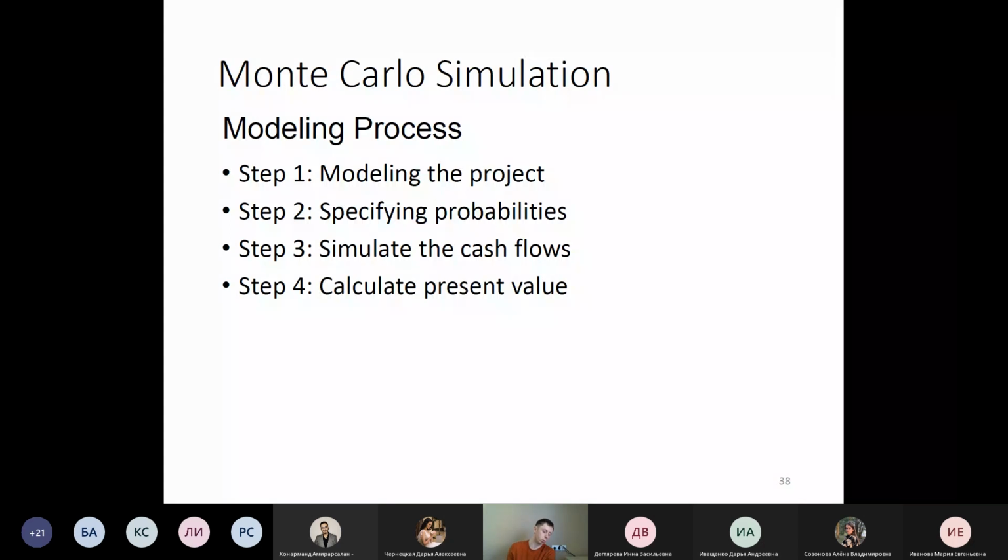And Monte Carlo simulation, the principle there is that we have economic models like we had in previous tools that we considered. Then we estimate the probability distribution of some variables within the model.